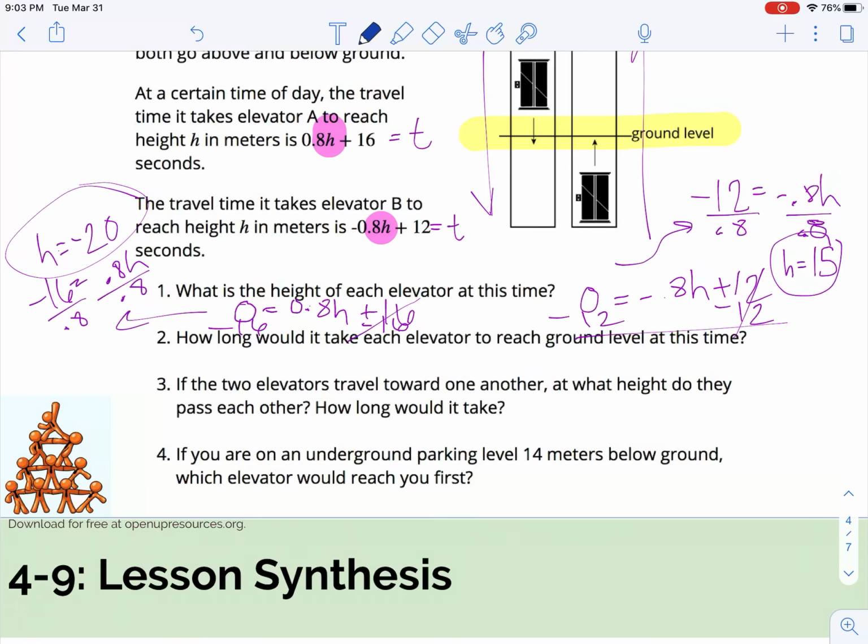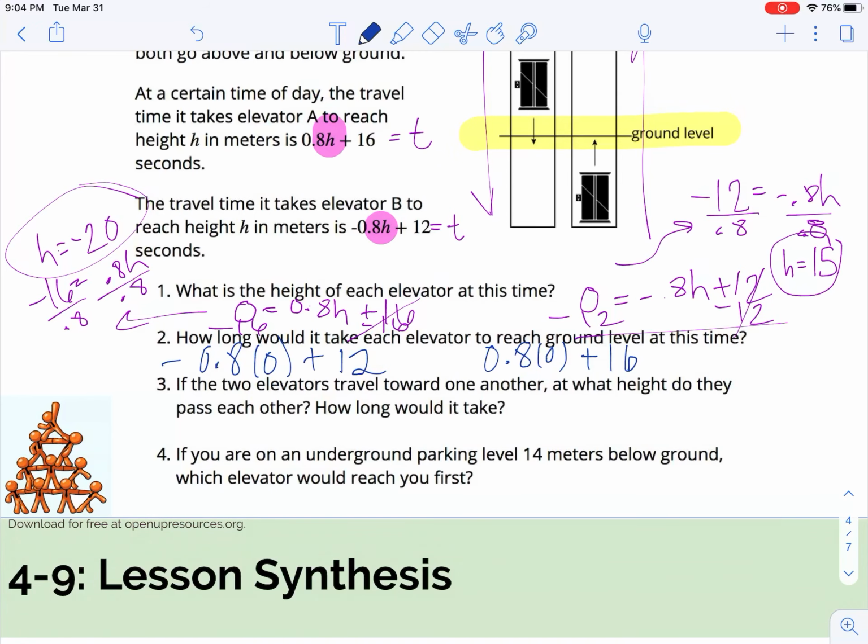So you're going to write 0 equals 0.8 times 0 plus 12. And then the other one was 0 equals negative 0.8 times 0 plus 16.